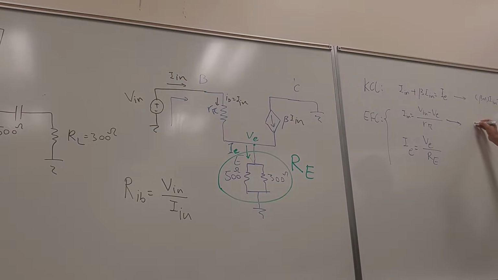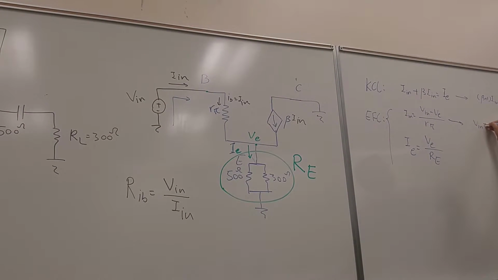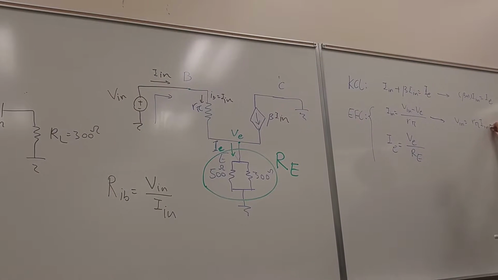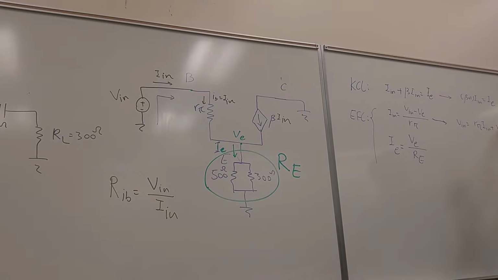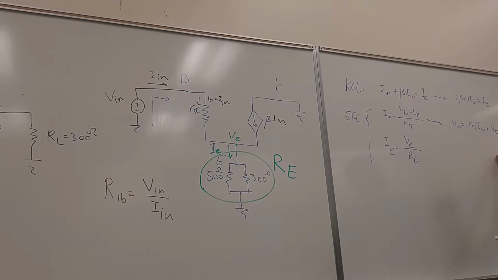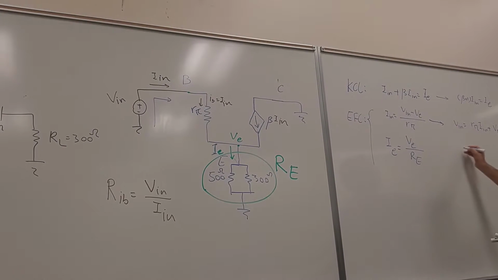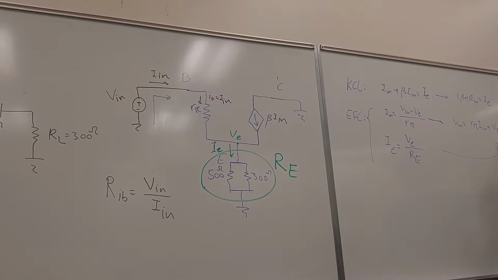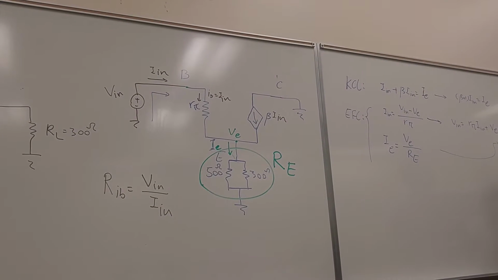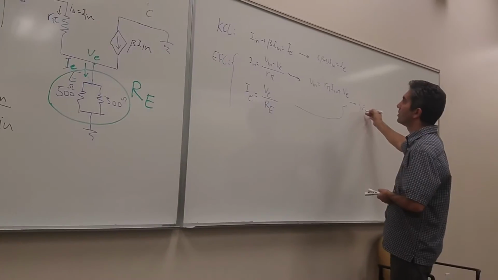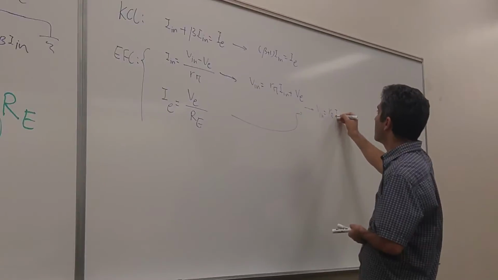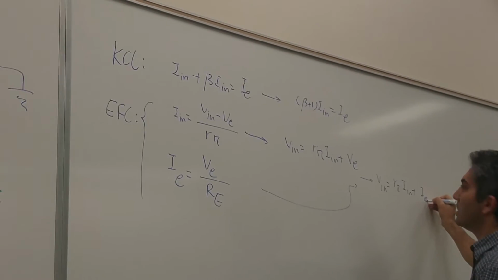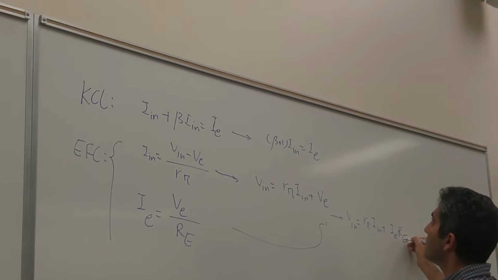Based on this, V in is equal to R pi times I in plus VE. And VE from that equation is this one. Now I have V in is equal to R pi I in plus IE RE.